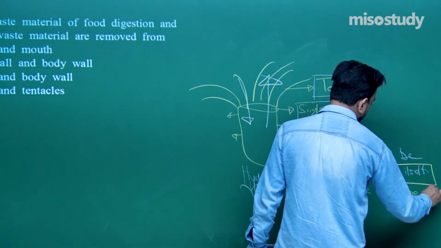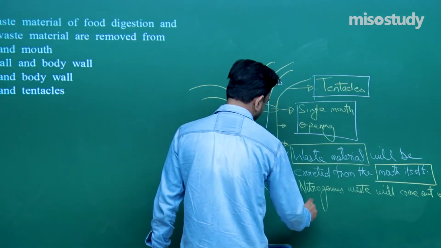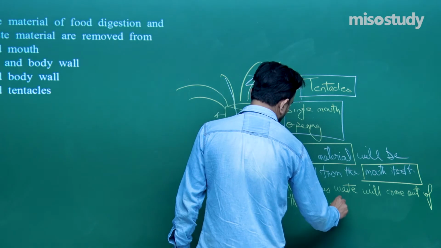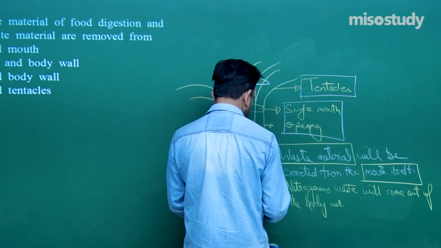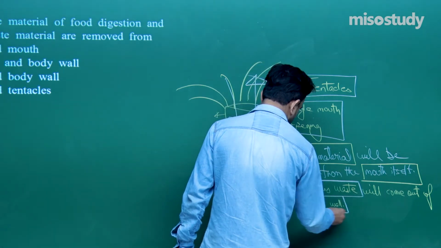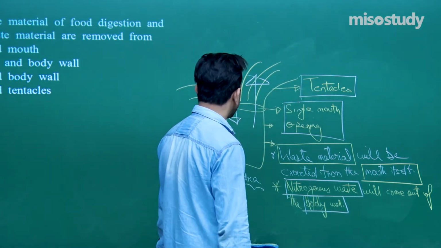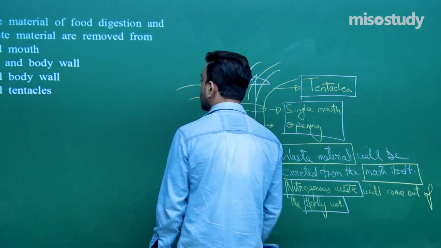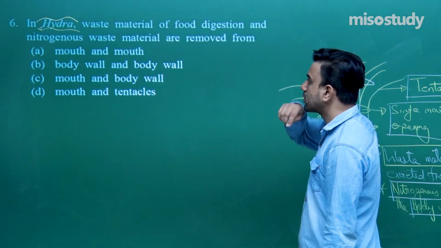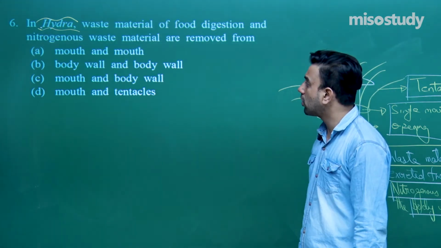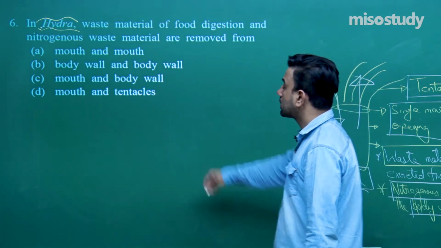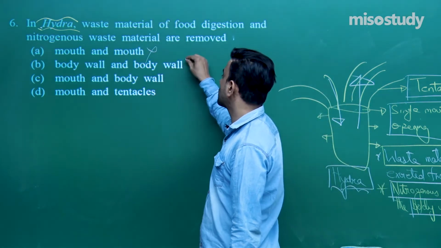So in Hydra, the waste material of food digestion and nitrogenous waste material are removed from the mouth and the body wall.